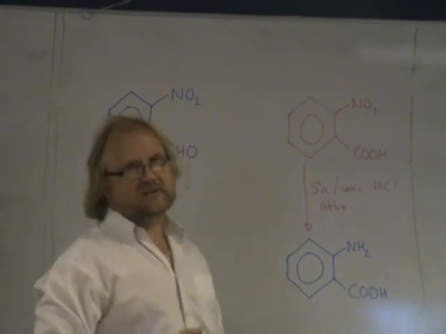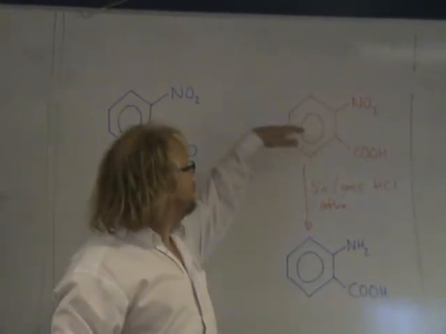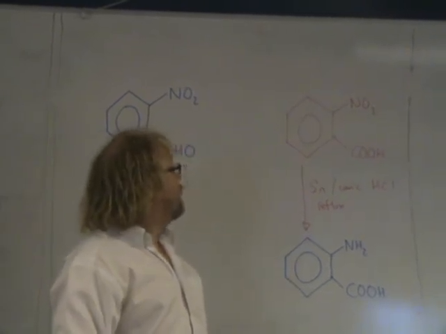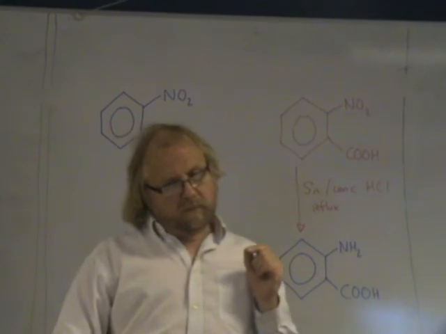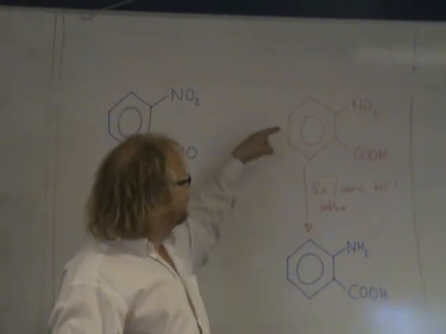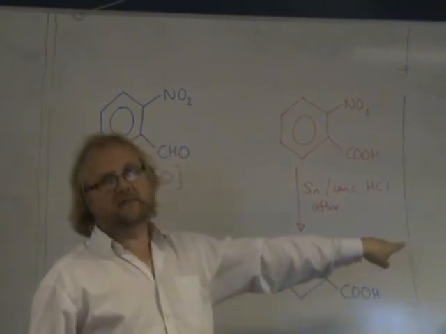Okay, tin and concentrated hydrochloric acid is a powerful reducing agent. It will convert that NO2 to NH2. What you should remember is that because it's under acid conditions, what you'll actually get in that reaction is the salt with NH3 plus and Cl minus there.